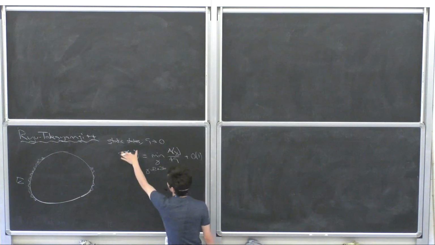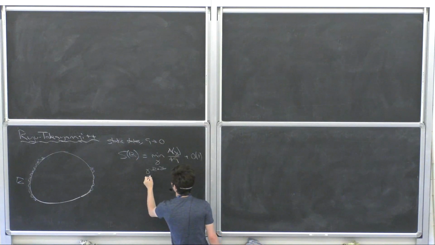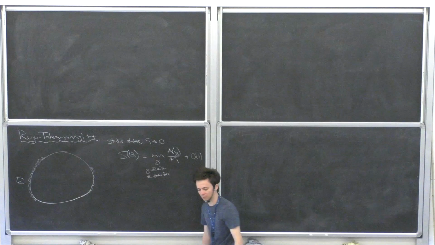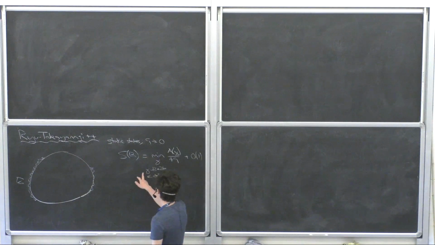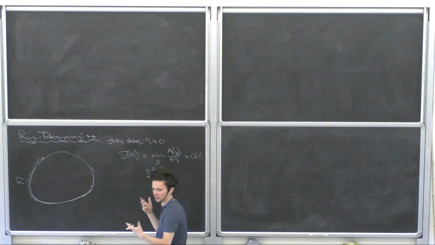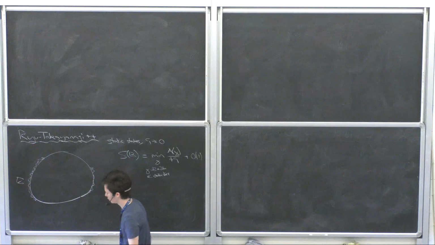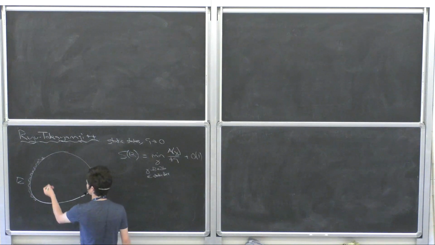The other thing is that we're considering a static state, so all of this should lie inside the static slice that contains the region big B. Roughly speaking, this just means that the surface gamma has to be anchored on the boundary of big B. So for example, in this case, we could consider a couple of different possible surfaces.